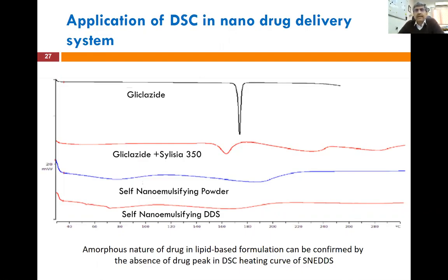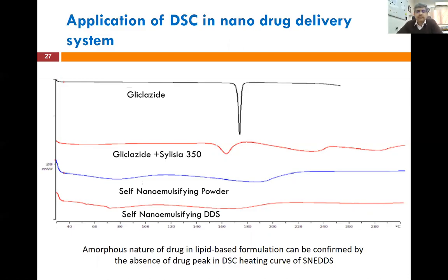For example, if you have generated PLGA nanoparticles of your drug, you would be interested in knowing the solid form of your API in the nanoparticles. Similarly, if you have generated self-nanoemulsifying drug delivery systems and converted it into a solid SNEDDS type of system, you will be interested in knowing whether your drug is in the crystalline form or the amorphous form or some other form.